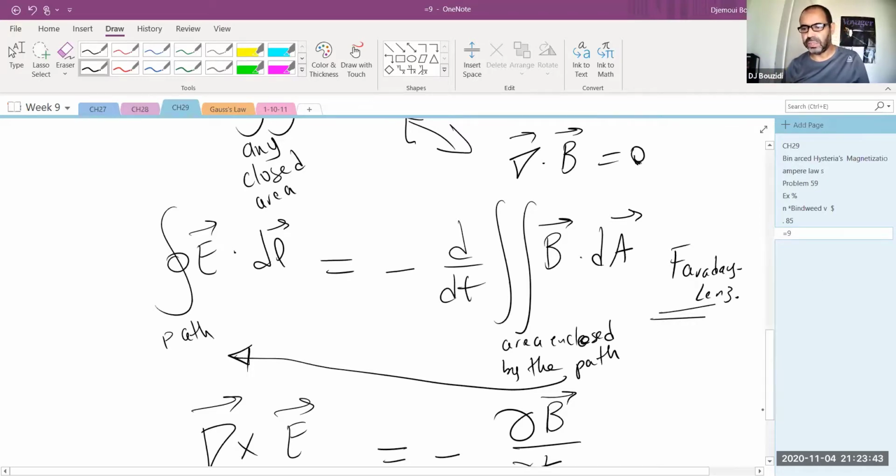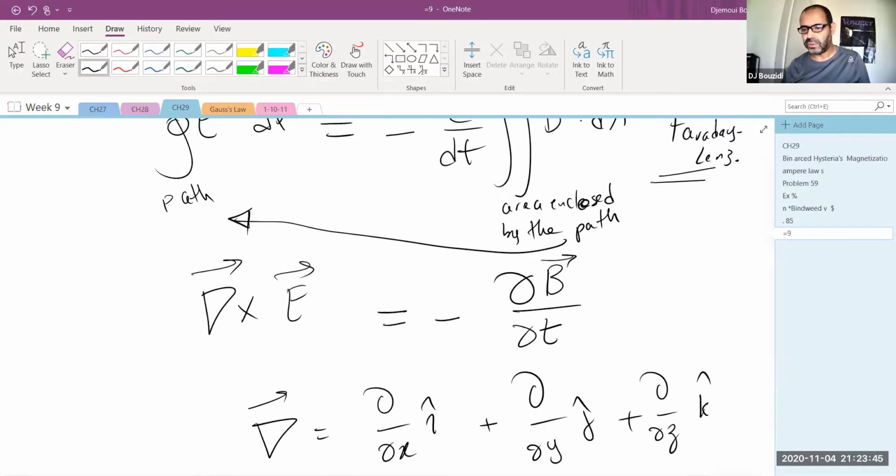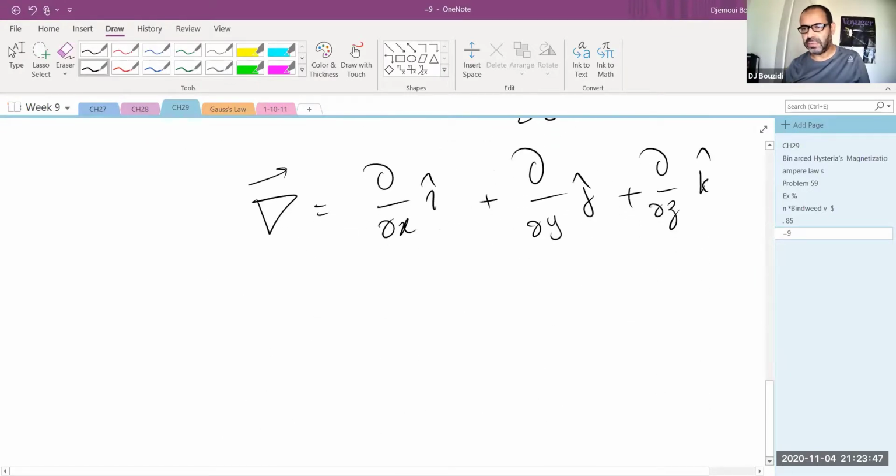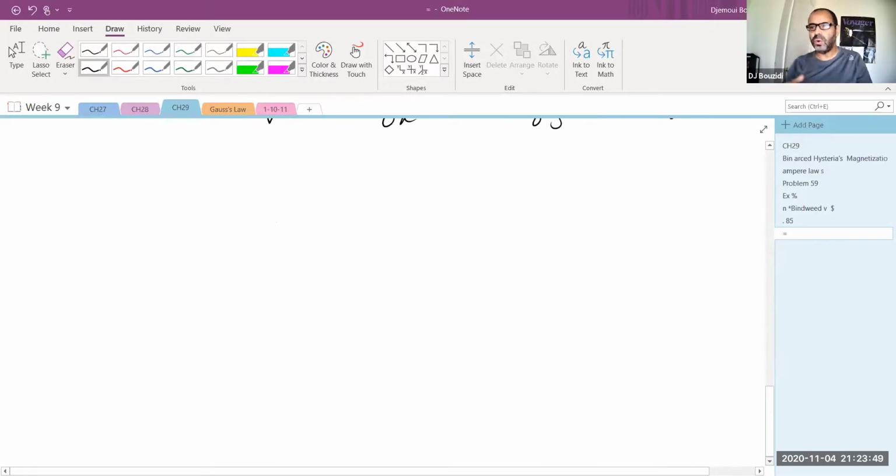Let's talk about Ampere's law, because there is something wrong with it, and we will find how to fix it, okay? It was actually Mr. Maxwell himself, this work is due to Mr. Maxwell. He was trying to put everything together, all of the things that we learned together.